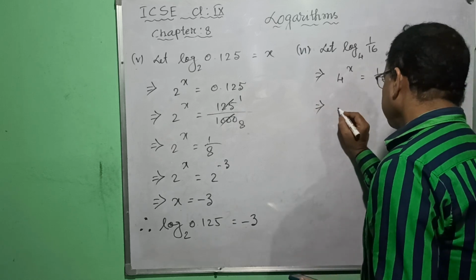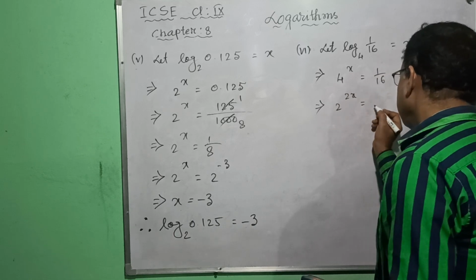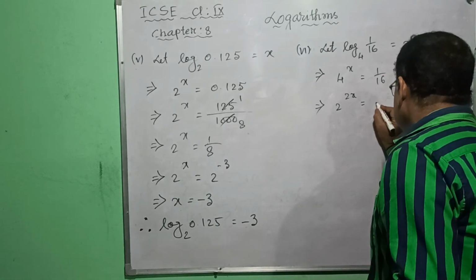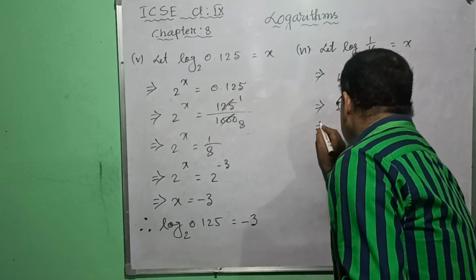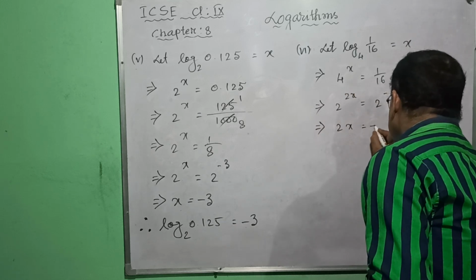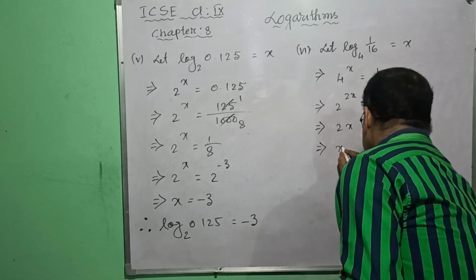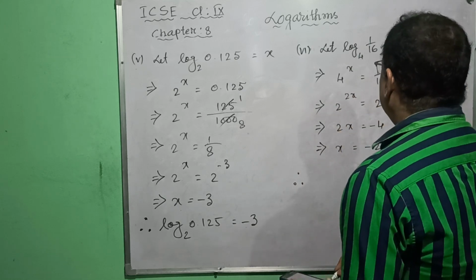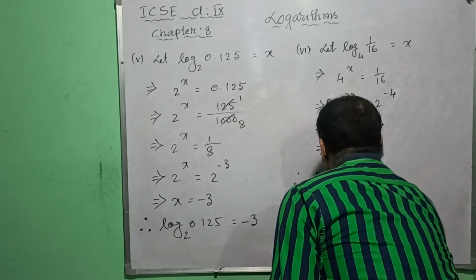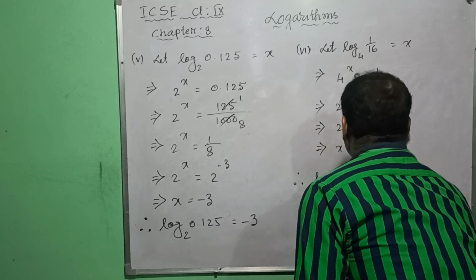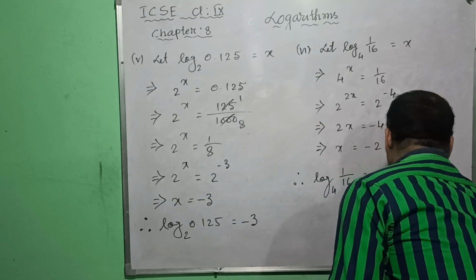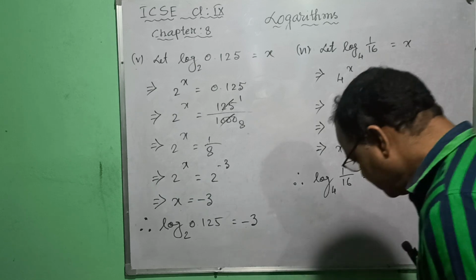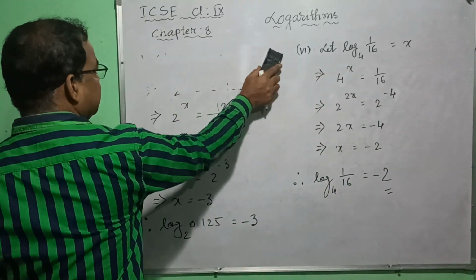This implies 2 to the power 2x equal to, and 1 by 16 we can write as 1 by 2 to the power 4, which equals 2 to the power minus 4. Now comparing, we get 2x equal to minus 4. This implies x equal to minus 2. Then we'll write the answer as log 1 by 16 at base 4 equal to minus 2. So this is the answer. 2 more questions are there. So today we will do up to this.